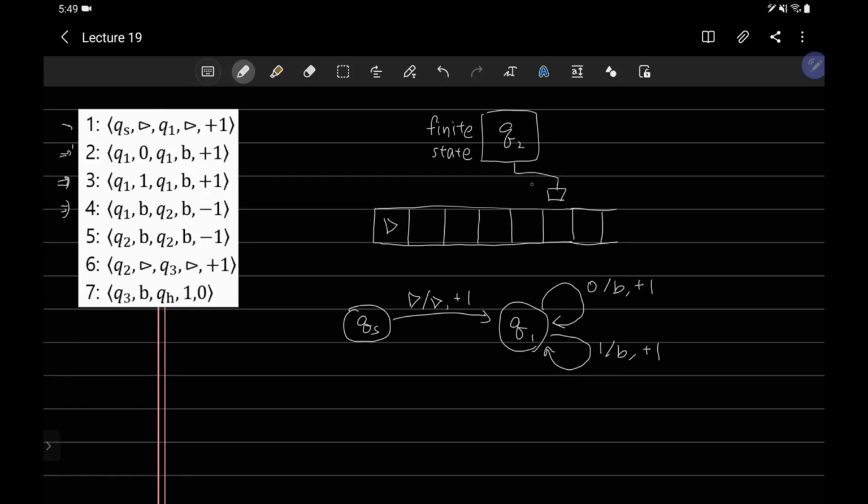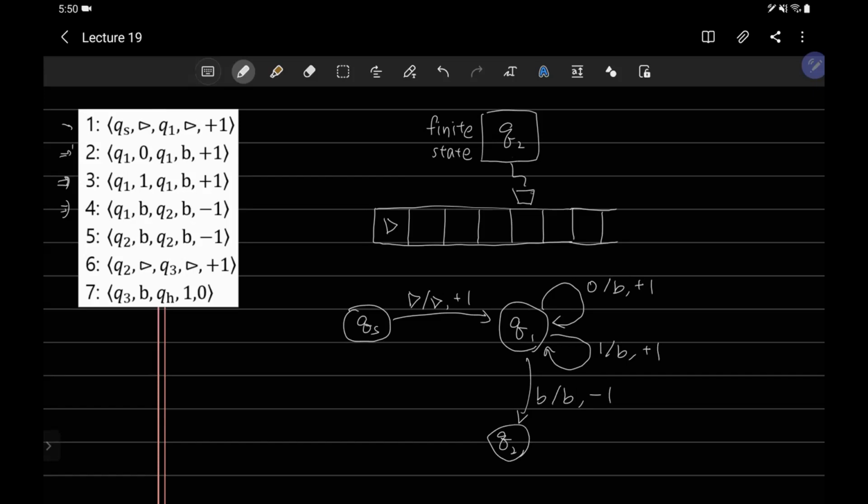And now the head will be moved to the left. So yeah, this is what happens. And now what we learned from this line of the program is that we should take a blank input and give a blank output, move to the left, and the state will be changed to Q2.